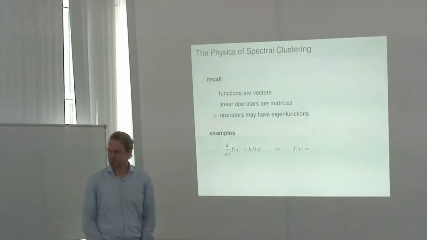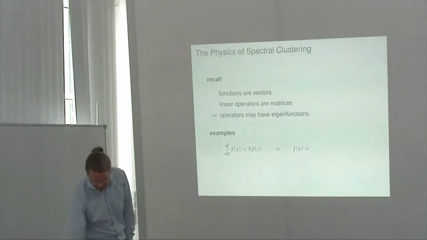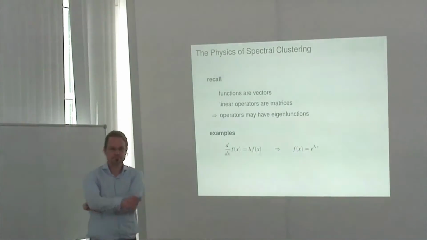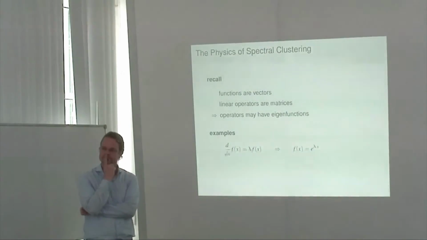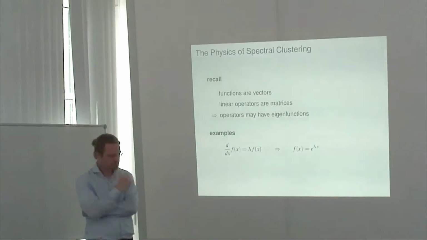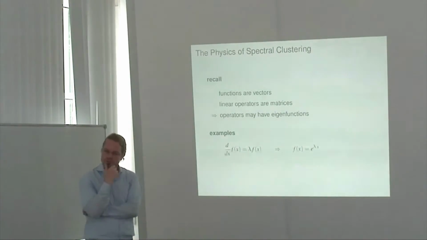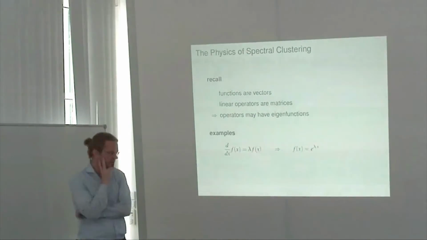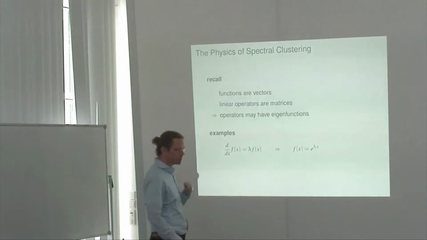Some exponential something, yeah. Let's have a look at this. I told you that each and every one has already seen eigenfunctions. There you go. The exponential e to the lambda x is an eigenfunction of this operator.